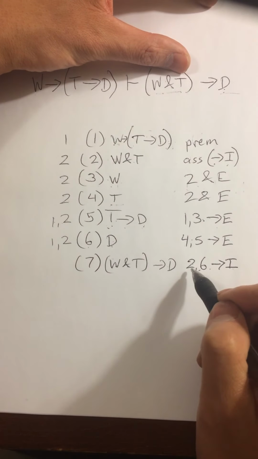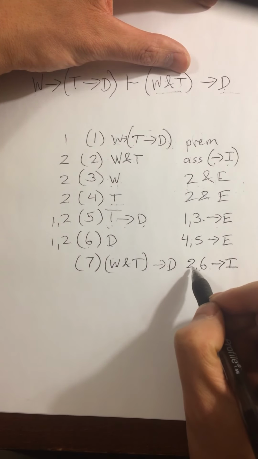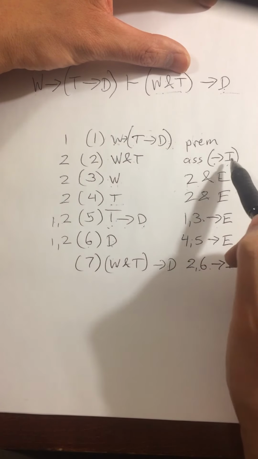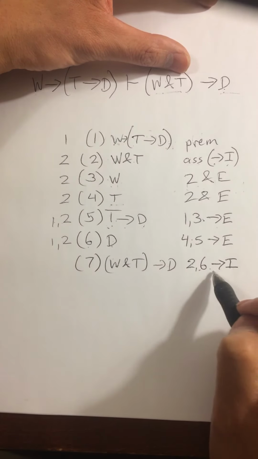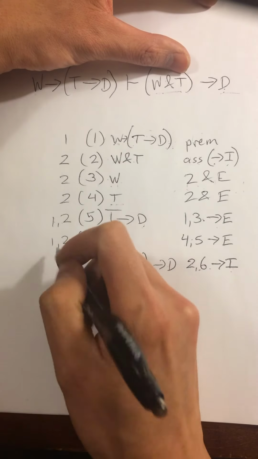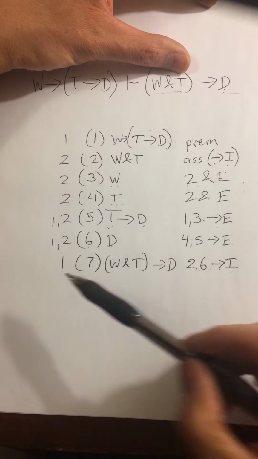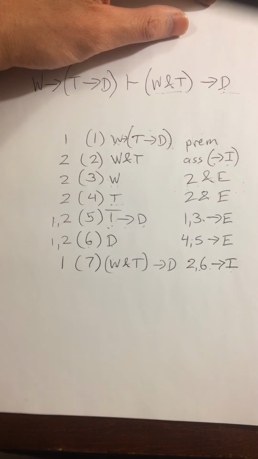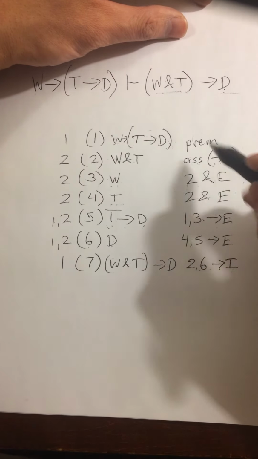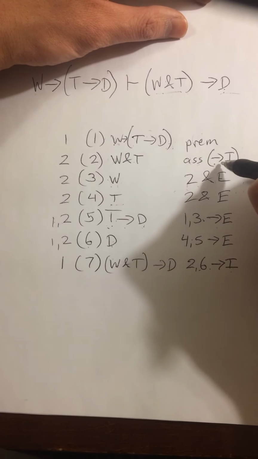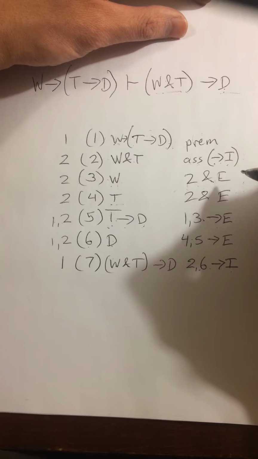Normally we would calculate 2 and 6, which is 1 and 2, but because 2 is an assumption and we're using a discharging rule, we have to keep 2 out of the dependency numbers. So here the dependency number should only be 1, which matches up with our note that says that we're going to discharge this assumption when we use the rule arrow introduction.